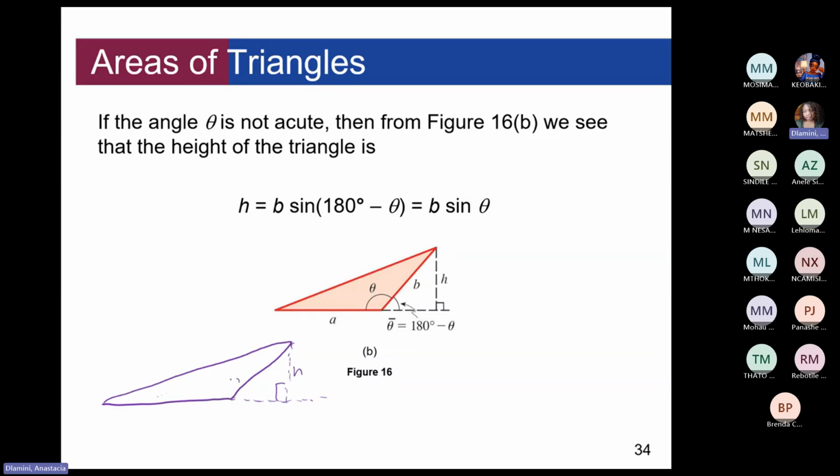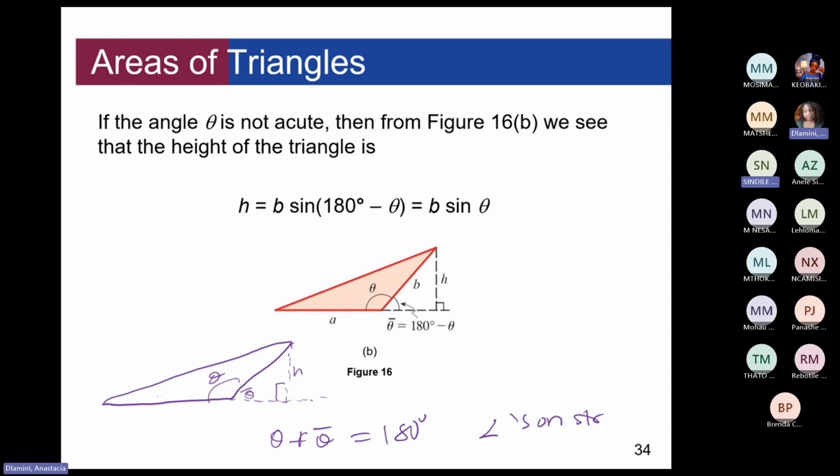Now, because your angle is not an acute angle, you know the property for you to get this angle, the reference angle, isn't it? For you to get this angle, you say theta plus theta bar is equal to 180, because angles on a straight line. Do you remember that one?